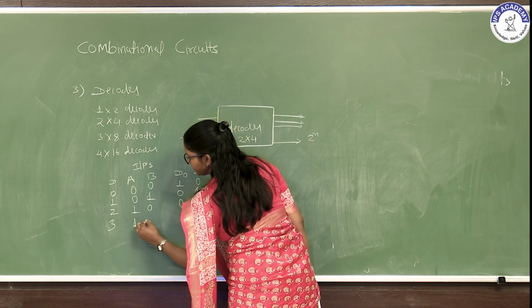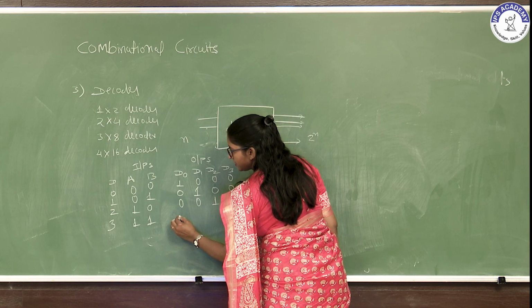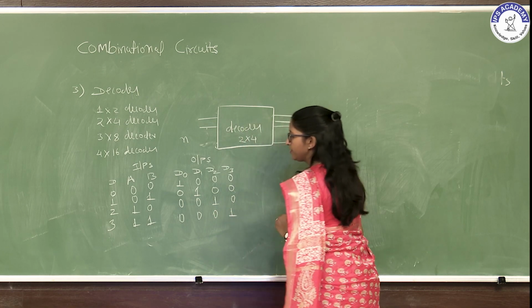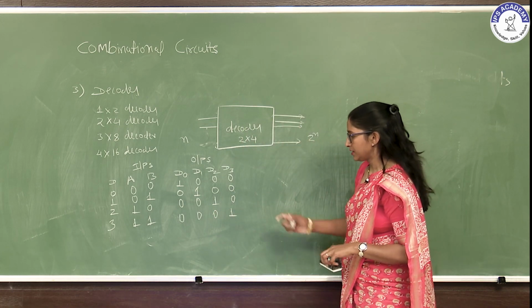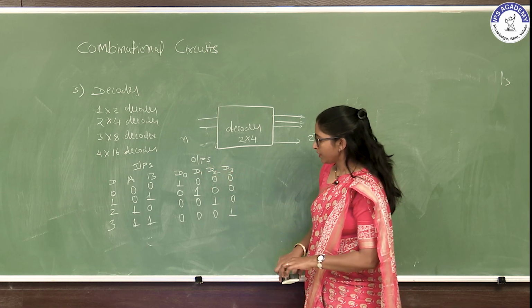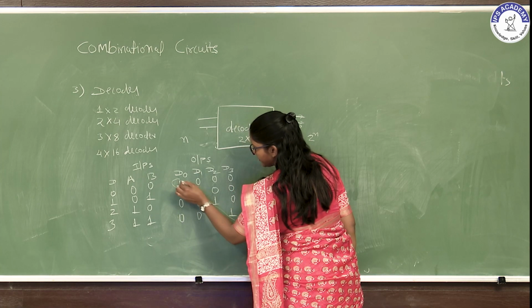And when the combination is 1 1, this will be 0, 0, 0 and 1. So we can say this is very much similar to the demultiplexer. Here you can see consistently in diagonal we are getting the 1, 1, 1.